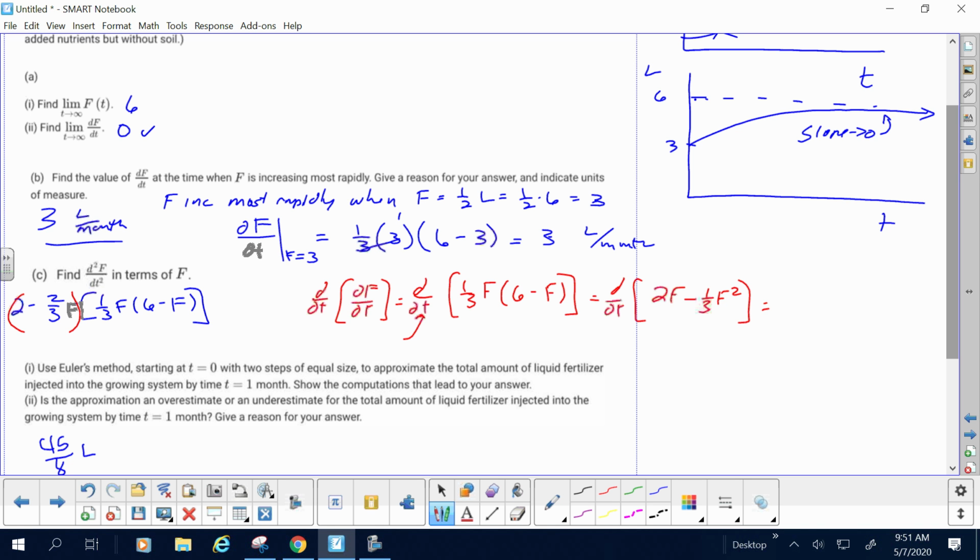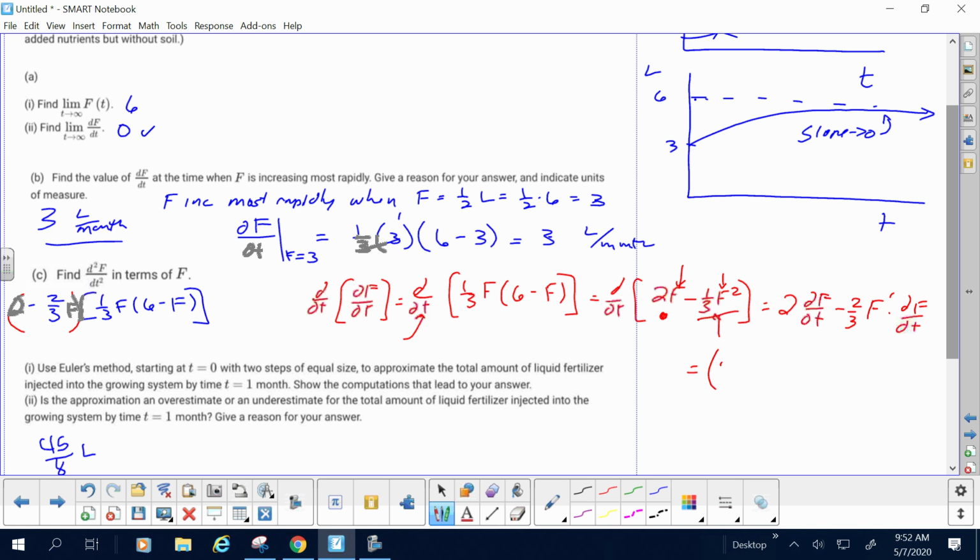All right, now when I take the derivative of 2f, it's 2, but then times the derivative of f with respect to t, so that's df/dt. Now the derivative of this guy is negative 2/3 f to the first, but again times df/dt.